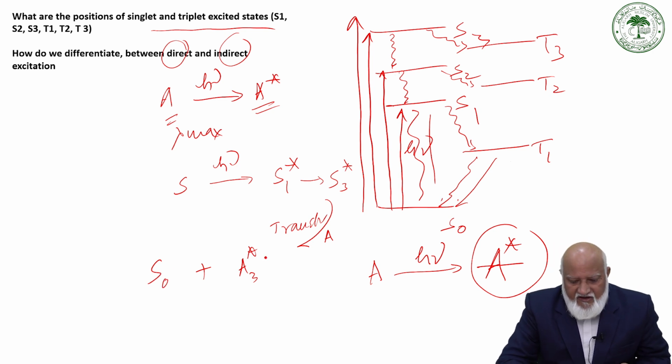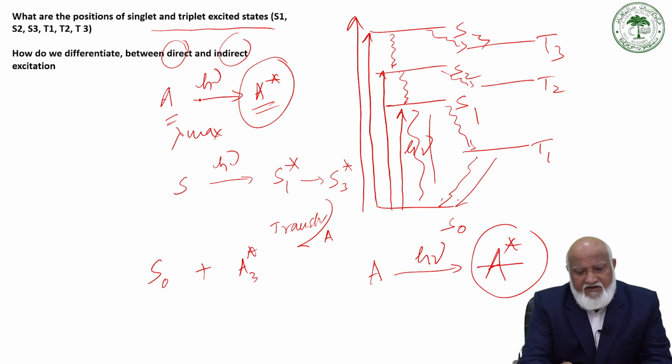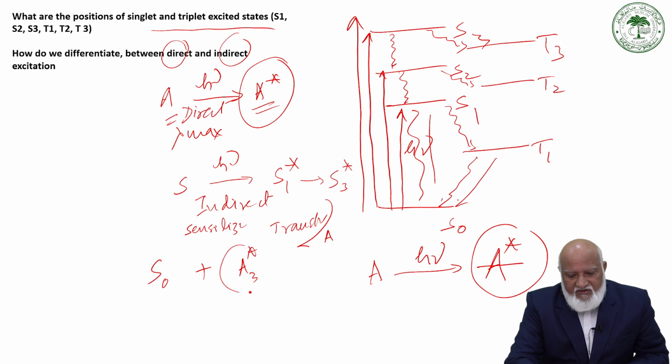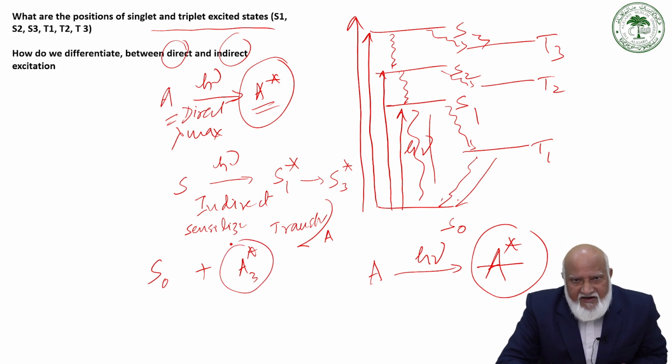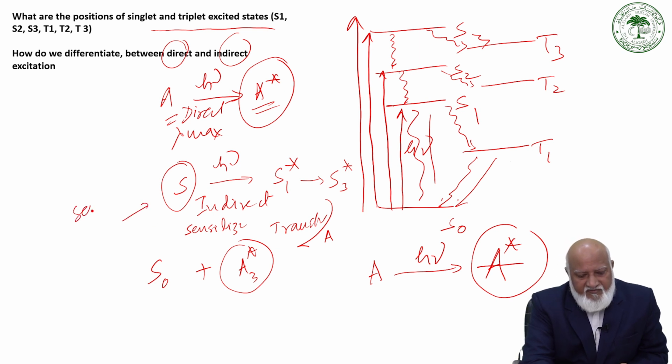So what we have done here is we have directly excited the molecule. That is called direct excitation. The other is called indirect excitation, or in other words, sensitized excitation. The molecule goes to the excited state not by directly absorbing the light, but by absorbing through a second molecule, which we call a sensitizer.